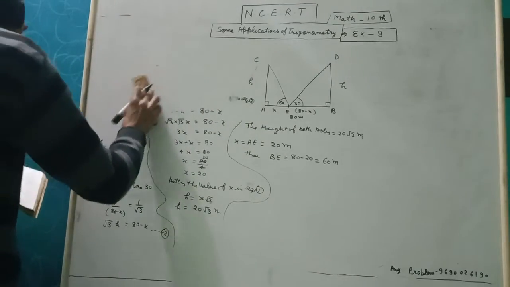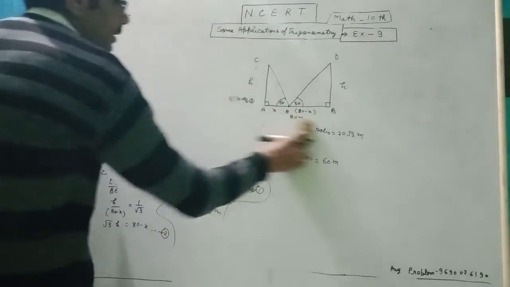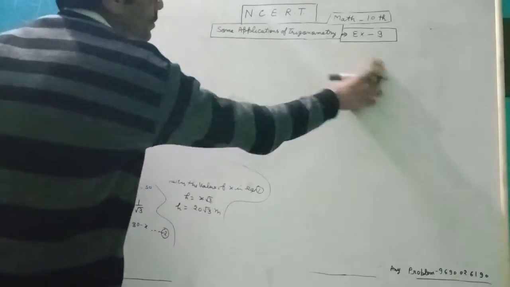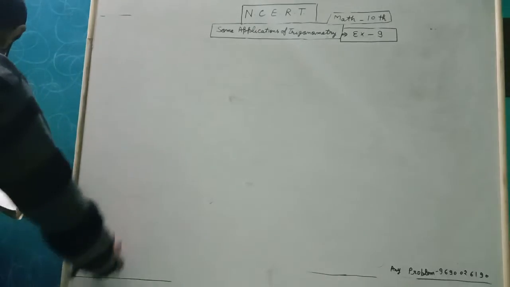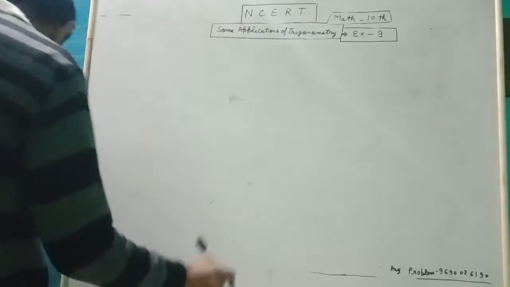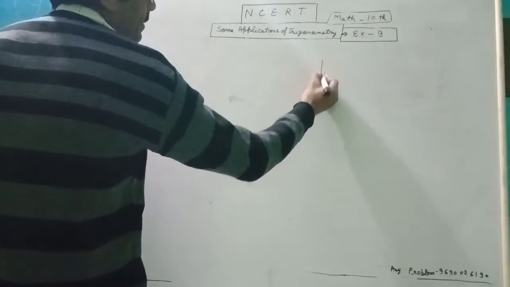Question number 11. The figure is in the book. A TV tower. AB is the TV tower.